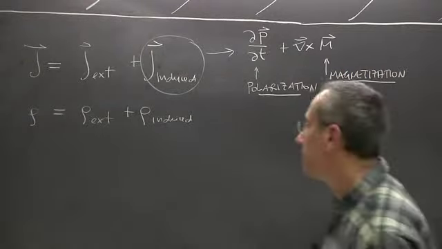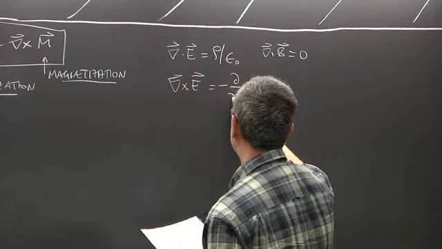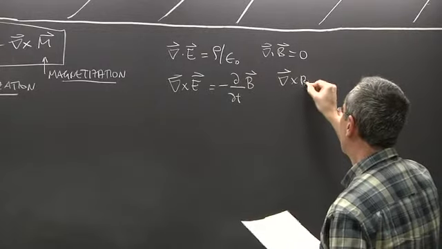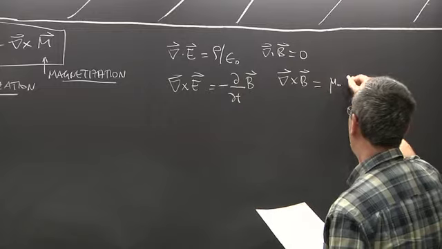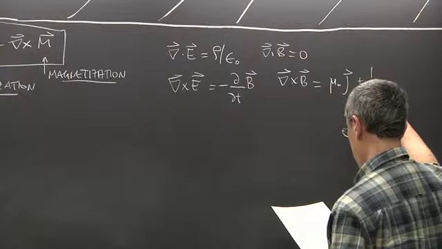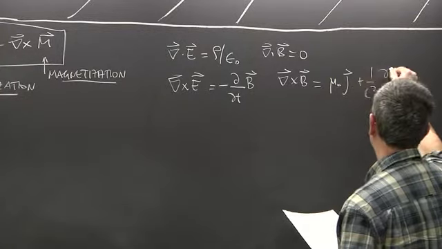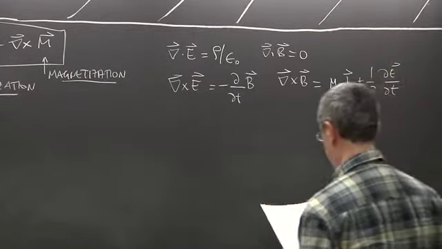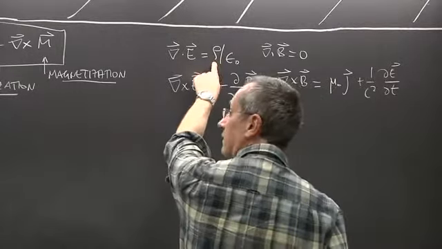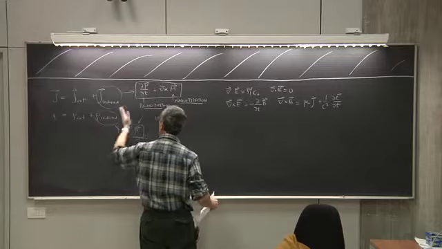And then I have the curls, right, minus dB/dt, and then the one that is, so mu naught J plus this 1 over c squared dE/dt. So you see, now I should replace this rho and this J by what I wrote here.